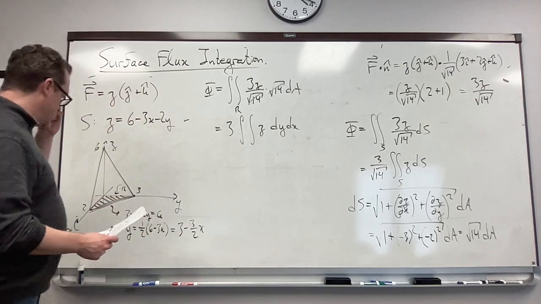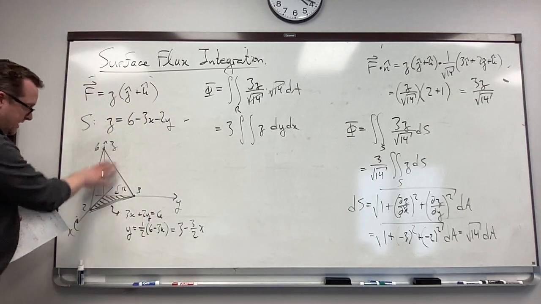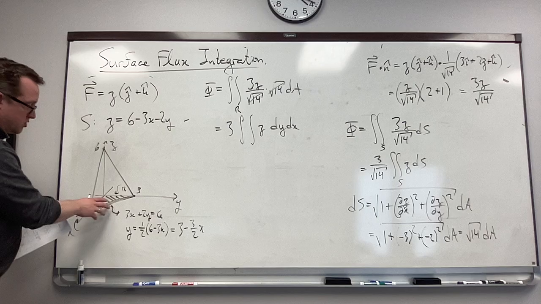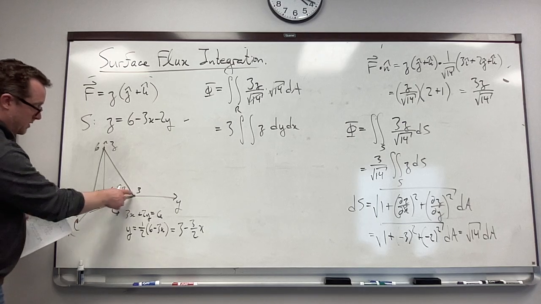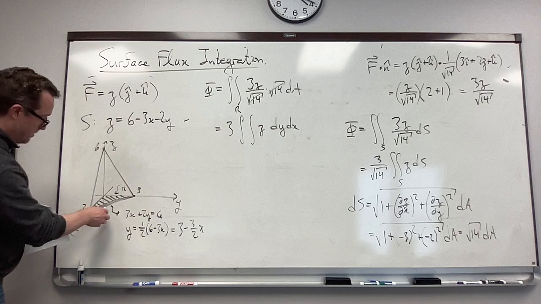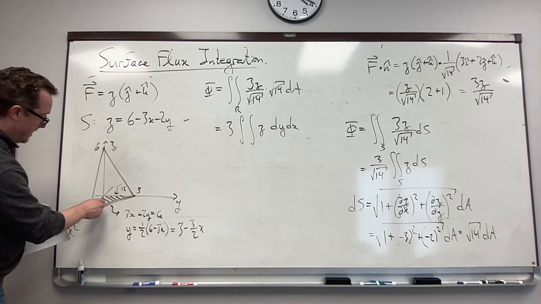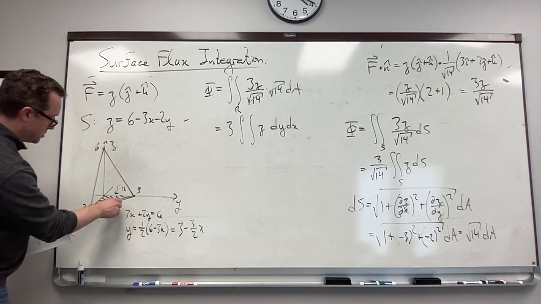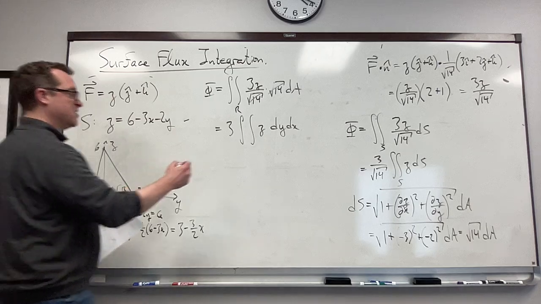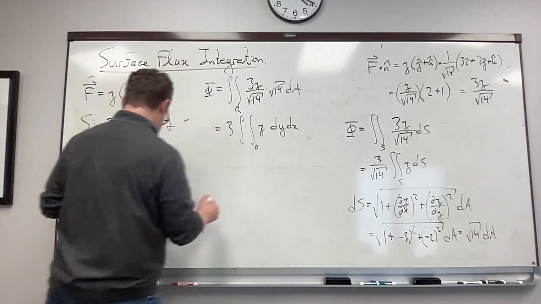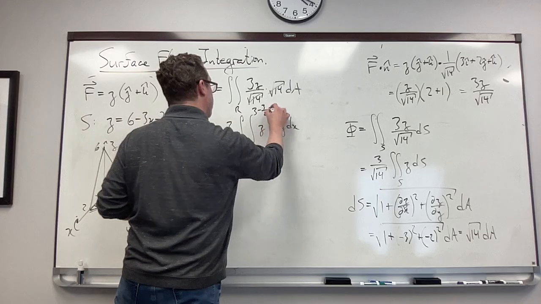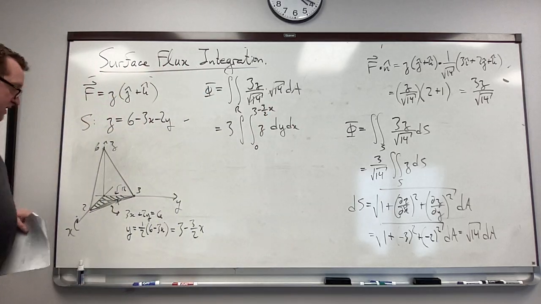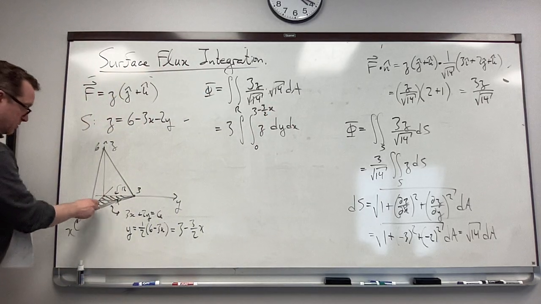Since I've already got z as the height of this, we're going to integrate y first. So the limit for y is 0 out to this line. So this integral for y goes from 0 to 3 minus 3 over 2 x. The limit on x is 0 to 2.